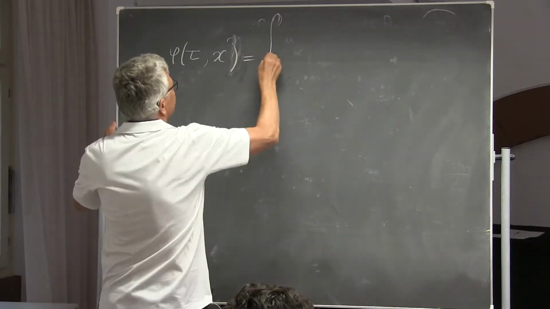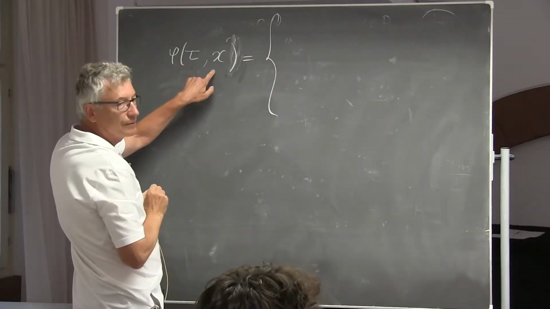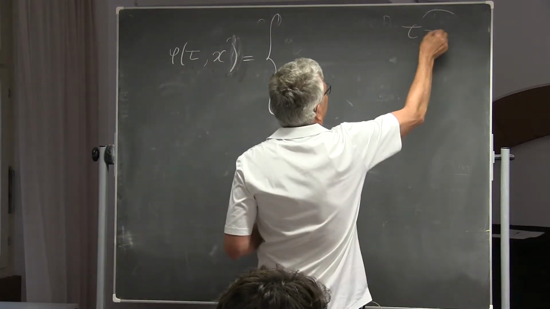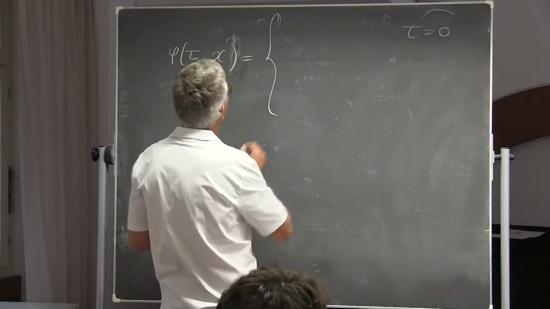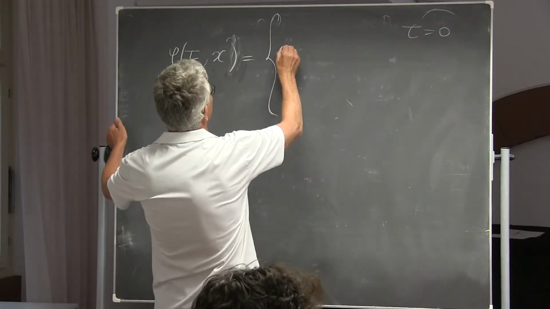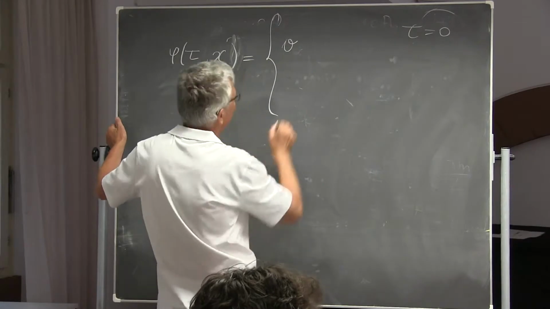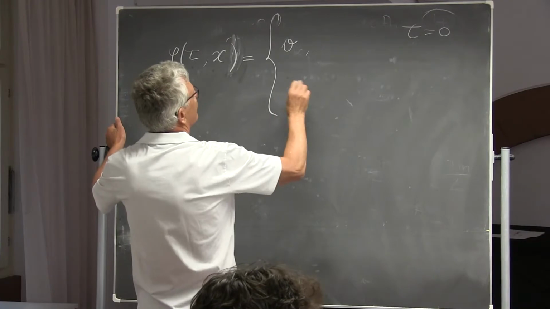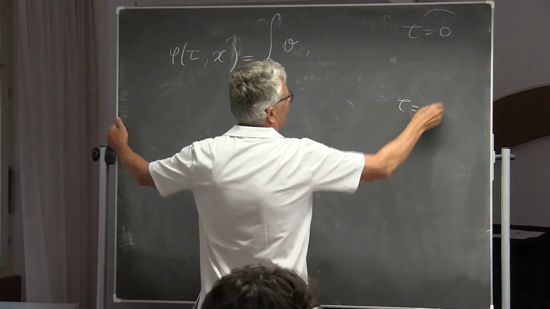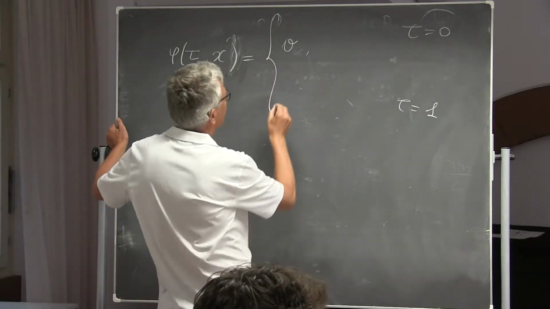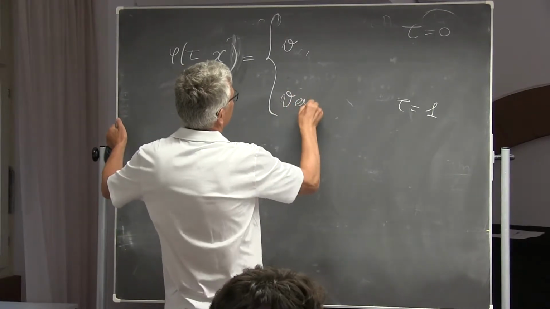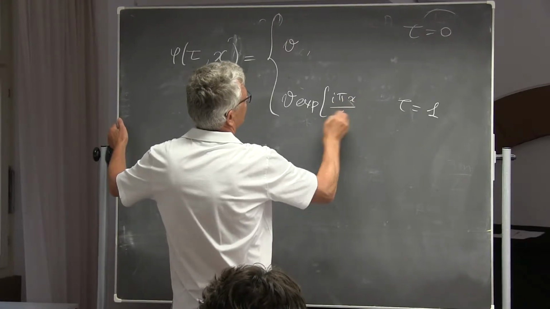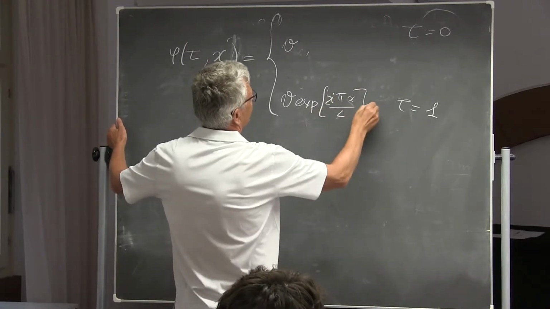And let's require that phi has the following structure. When tau is equal to 0, phi is equal to v, and when tau is equal to 1, phi is equal to v exponential I pi x times v.